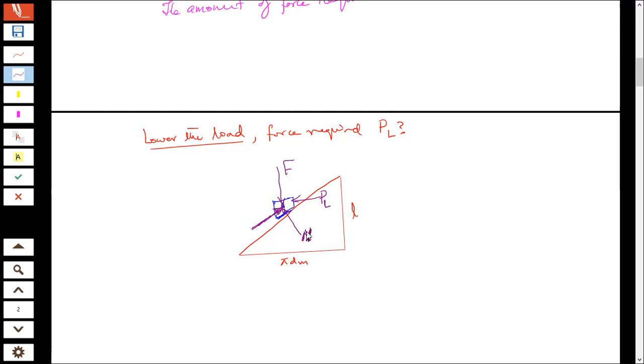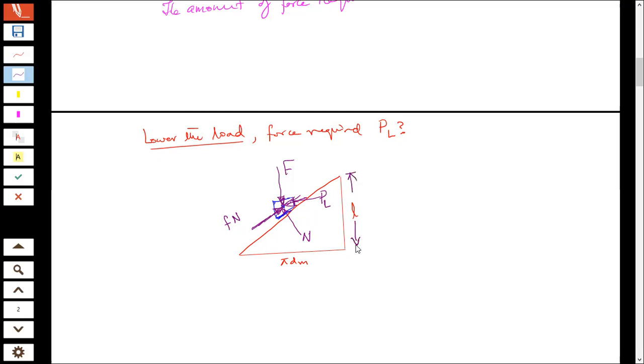So I'll apply PL in order to bring this F down, but I'll have the friction force over here that will resist the load going down on the inclined plane. Okay?